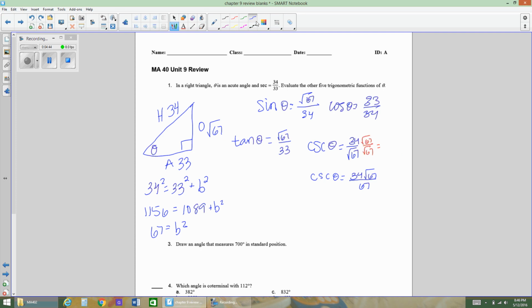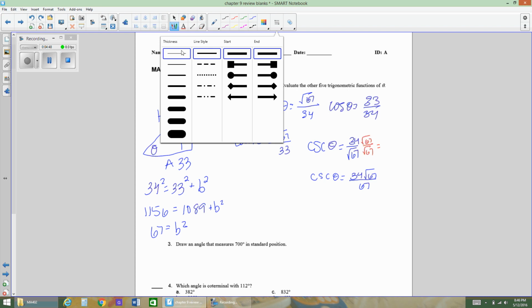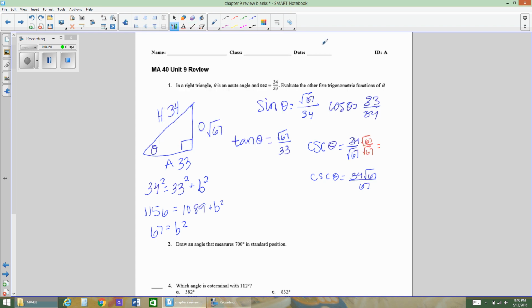Okay, and then I still am missing what? What am I missing? Cotangent. So tangent was rad 67 over 33, which means cotangent of theta is going to be 33 over rad 67, which is a no-no.